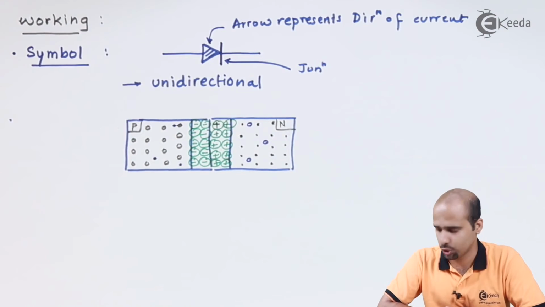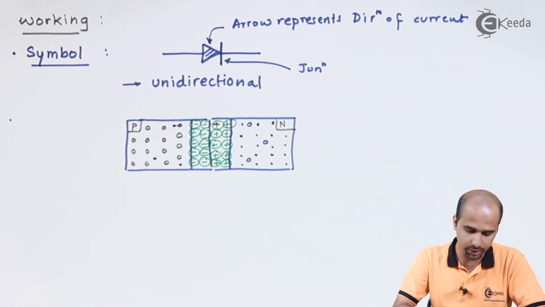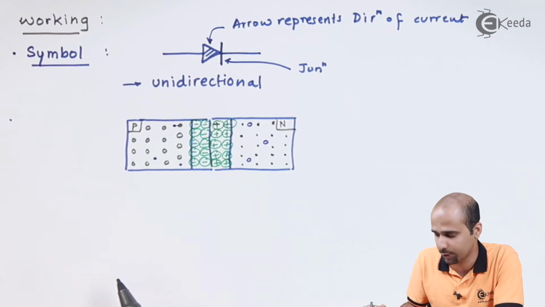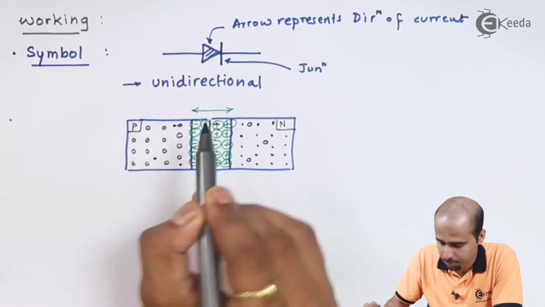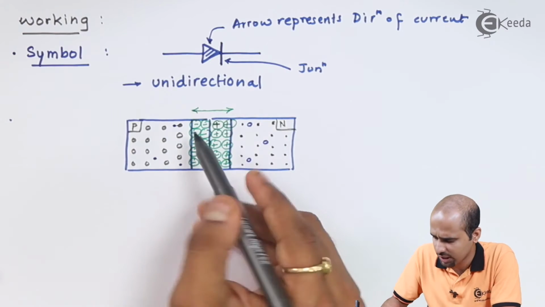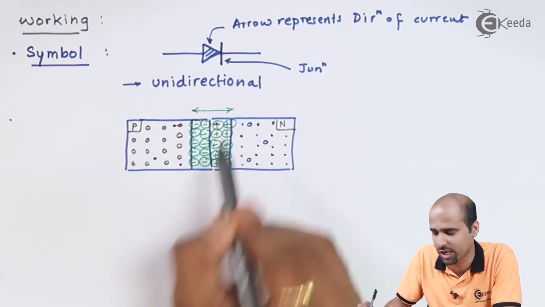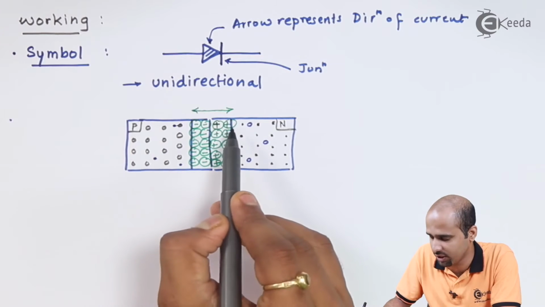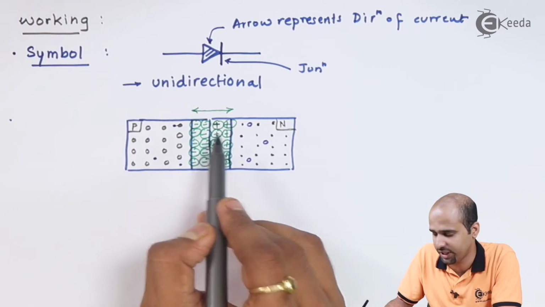So this is how the diode is formed after the process of diffusion. Now what will happen with the internal potential of this particular junction of the diode? This junction has one potential difference. This is because this side has negatively charged ions and this side has positively charged ions, so there will be a fixed potential difference across the junction from n-type to p-type.